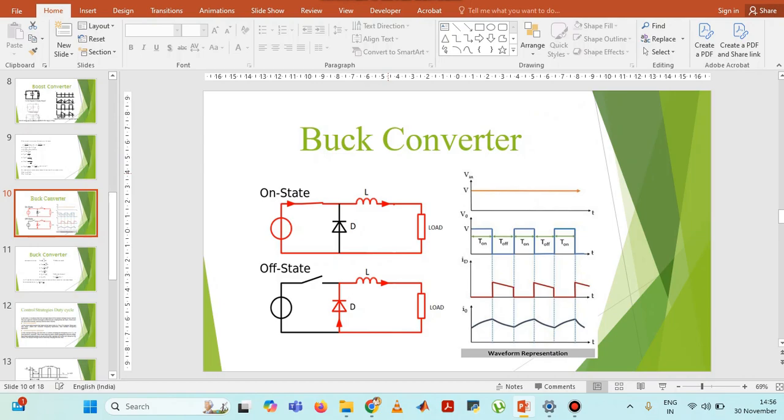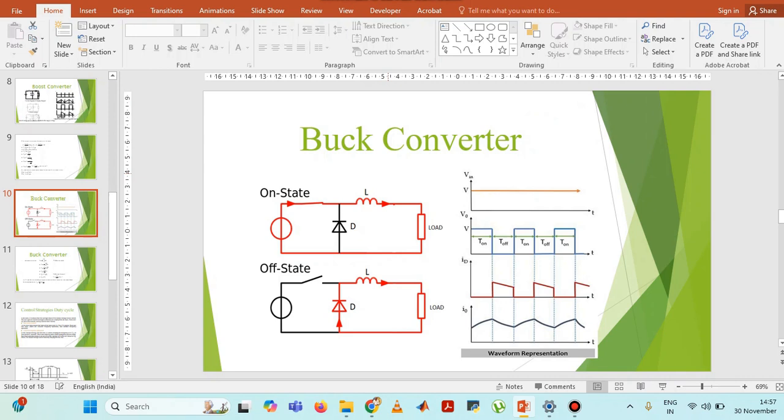Okay, so in case of the function of each and every component which is used in the buck converter, firstly, what is the function of the inductor? The inductor can store energy when current flows through it and release its energy when the switch is off in the circuit.